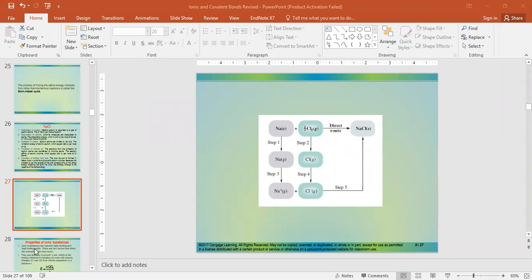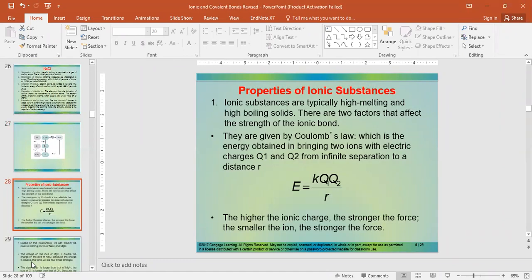Now, the properties of ionic compounds. Number one, ionic compounds have high melting points and high boiling points.